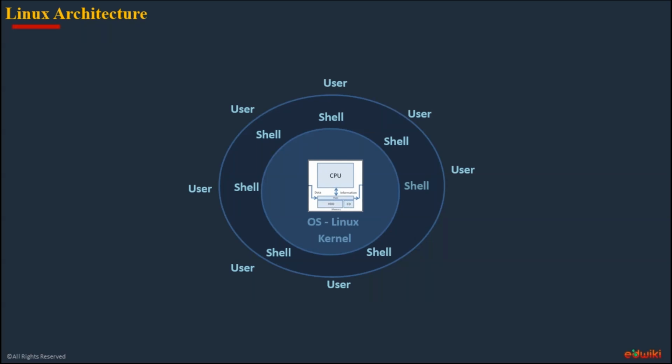The flow will be like this. You always give the instruction to the shell. The shell will understand what you are saying. The shell will translate the communication to the kernel in a kernel-understandable format. Then the kernel will understand what needs to be done. Then the kernel will go and talk to the hardware devices, and finally your task will get implemented.